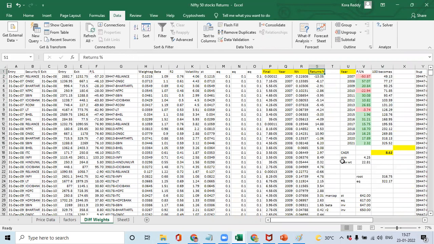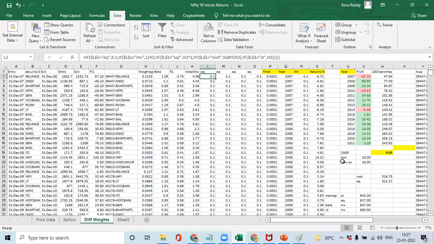Now what I'm telling is simple, make it equal. What is the number? 43. It's better than cap. So that's the answer to your question.